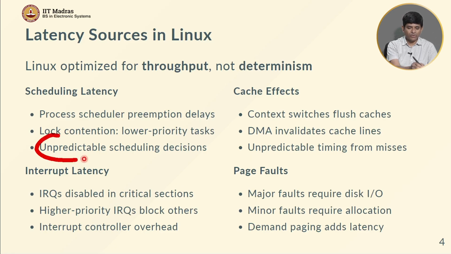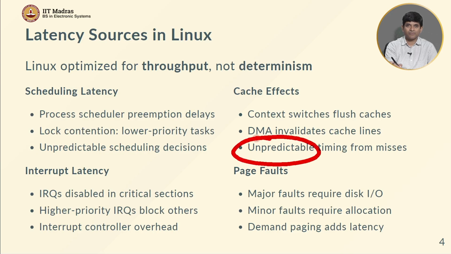So, you will see that this word unpredictable keeps coming up. That is part of the core Linux kernel. Normal Linux, as we understand it, is optimized for throughput. All of these potentially unpredictable decisions are okay if they happen rarely, because most of the time things work out fairly well and we get fairly good throughput on our system.